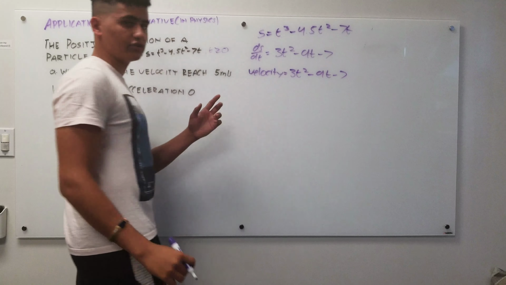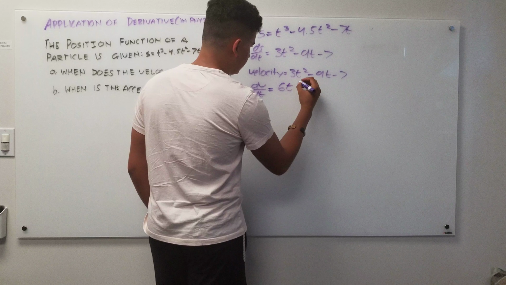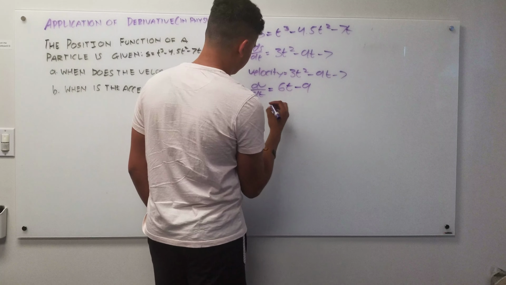And we all know change in velocity over change in time is equal to acceleration, which is what we want. So we're going to take the derivative of this. I'm going to write the velocity as v, so dv/dt is equal to 6t minus 9.